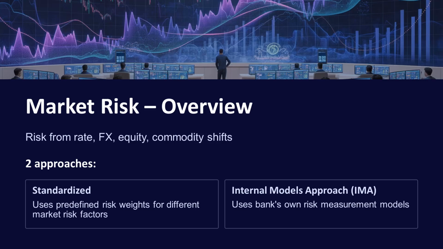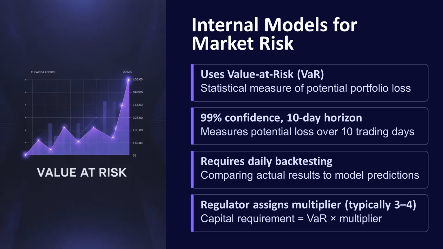Internal models approach: banks use value-at-risk models, approved by regulators, to calculate potential losses based on historical data and assumptions. These models must be backtested regularly. If they fail validation, penalties are applied, such as higher capital multipliers or model rejection. This encourages robust risk modeling and strong internal governance.